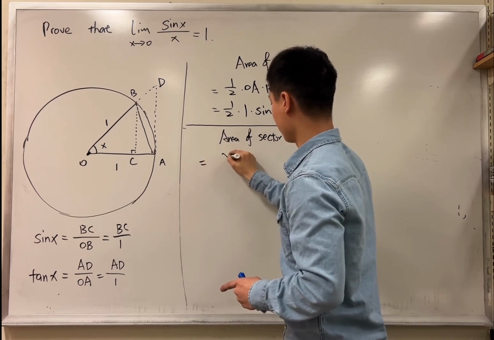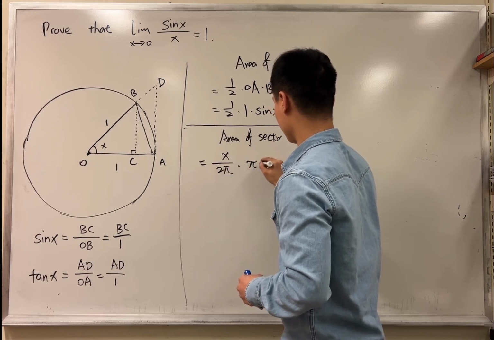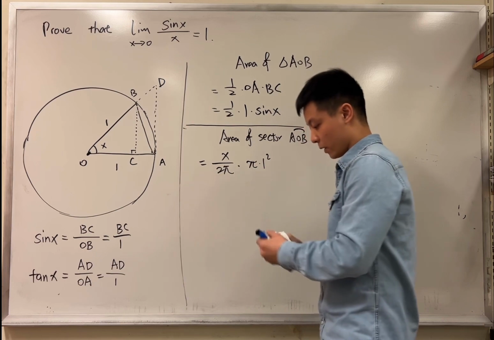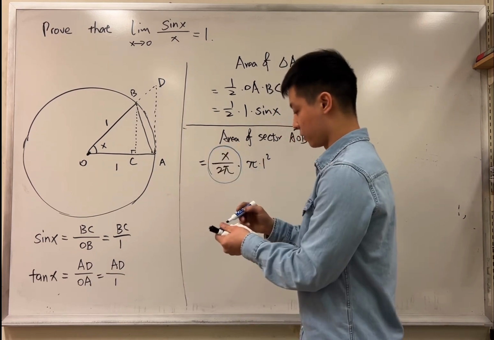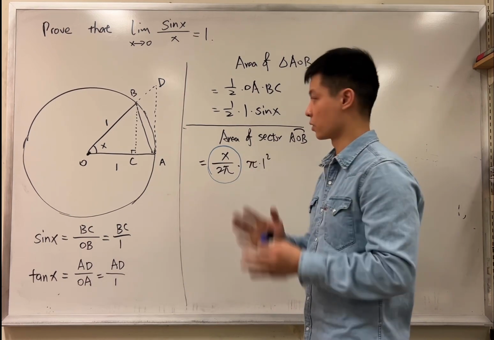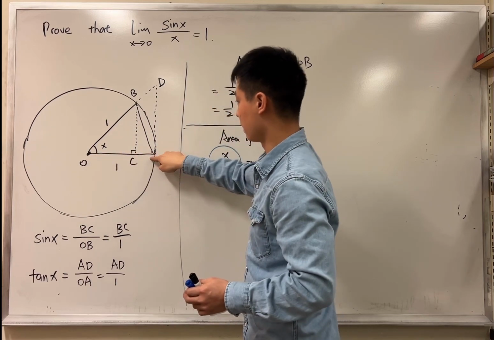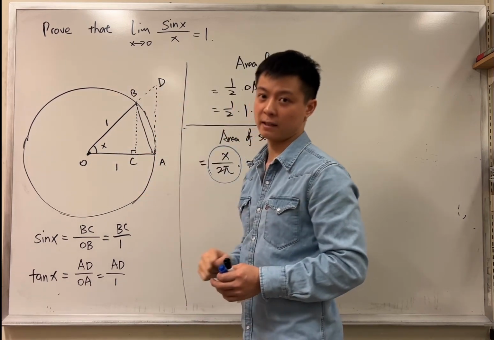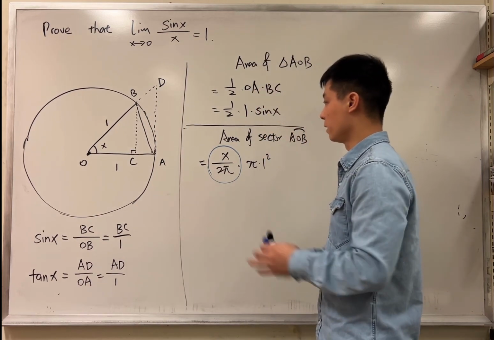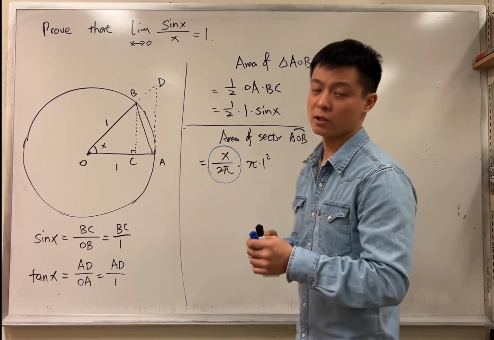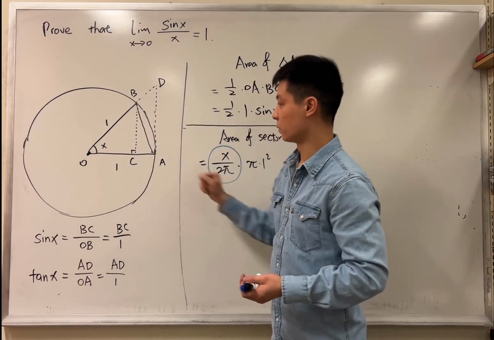That's going to be x divided by 2 pi multiplied with pi times 1 squared. Where this x divided by 2 pi represents the fraction of the circle that this slice takes out of the entire circle. Because we know a full circle has an angle of 2 pi, and this slice is not taking the full 2 pi.